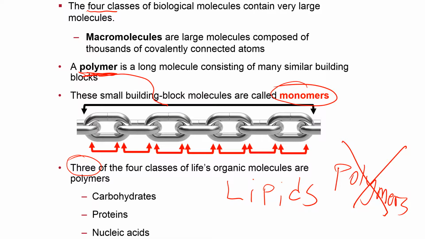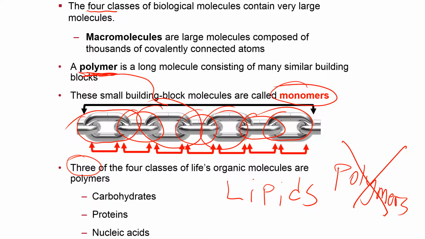Now, each individual link in red is what we refer to as a monomer. Notice that they are similar things. In this case we're talking about links in a chain.